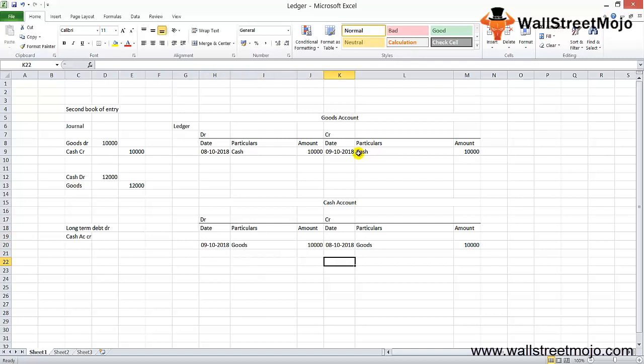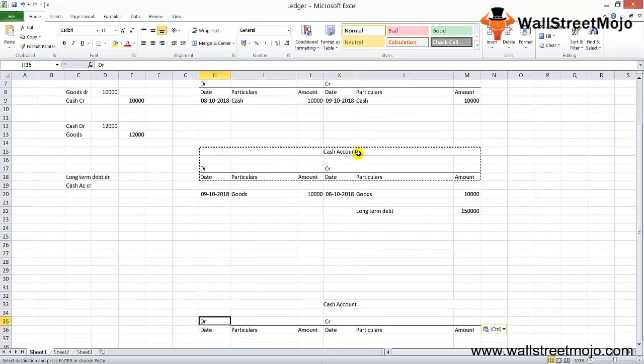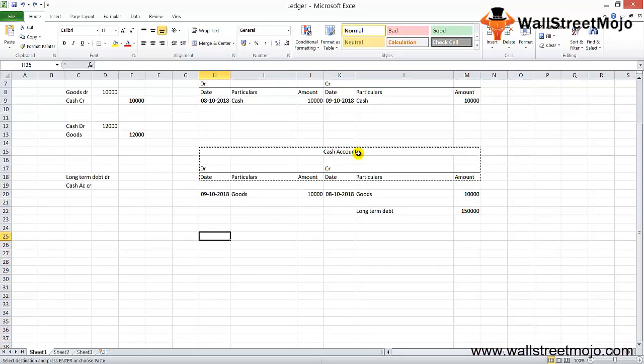So the long-term debt over here will come as, let's say, $1,50,000, and there'll be another account that will be prepared. That's the long-term debt account. Let's prepare the long-term debt account over here.